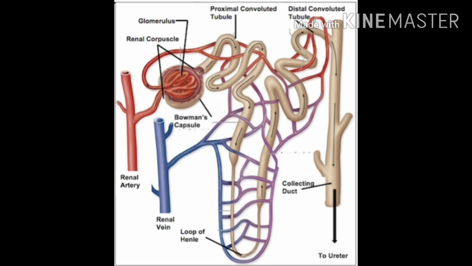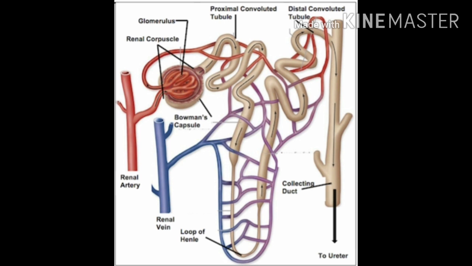In this figure, you can see the structure of nephron and you can understand better all the different parts of nephron. As already we have learned that nephron is made up of two parts: Malpighian corpuscle or renal corpuscle, and the second part is renal tubule. So the cup-like structure is nothing but renal corpuscle. It is made up of again two parts.